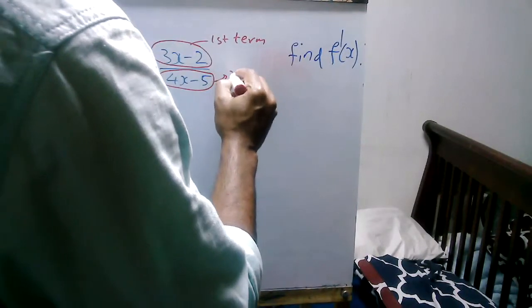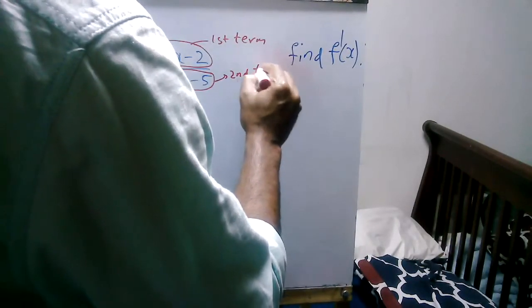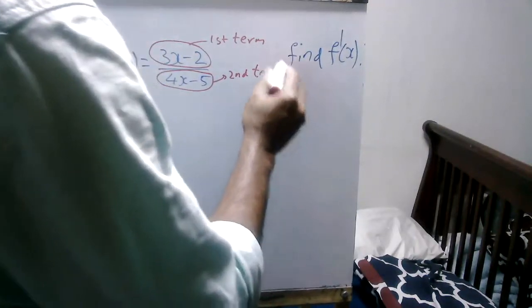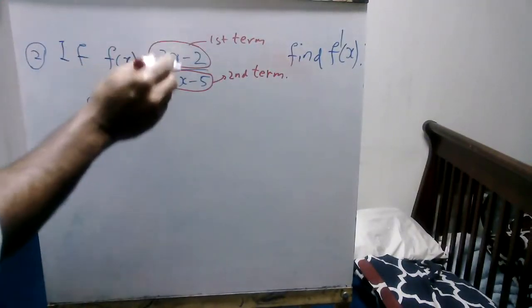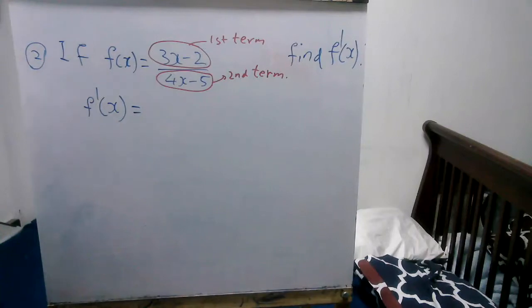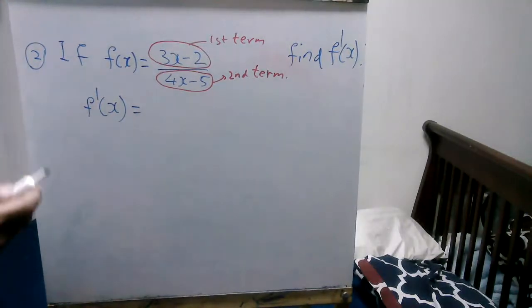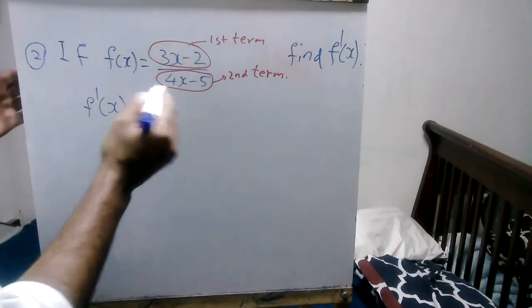This is the second term. Alright, first term, second term, or numerator, denominator. Let's use the quotient rule.